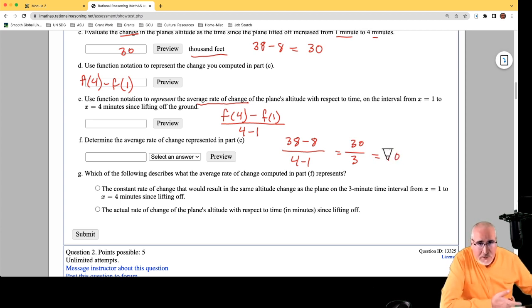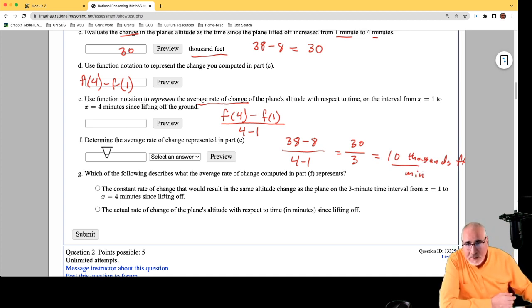And that would be 10,000 feet per minute. Thousands of feet, or 10,000 feet per 1 minute. Okay, so we could put that in.